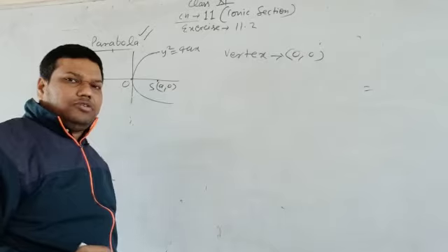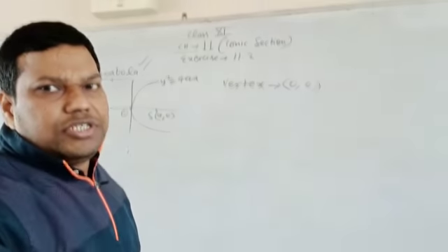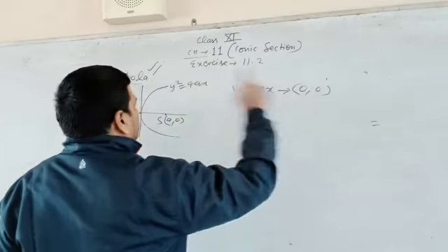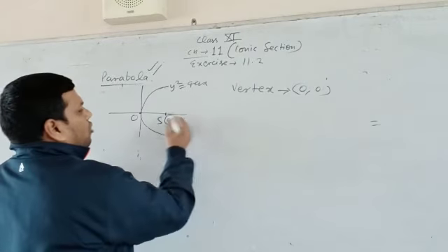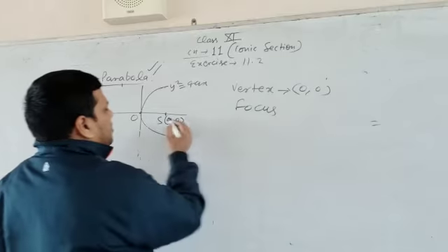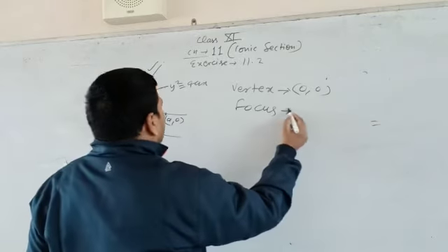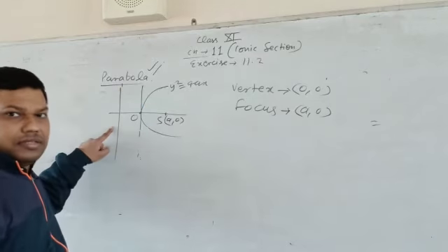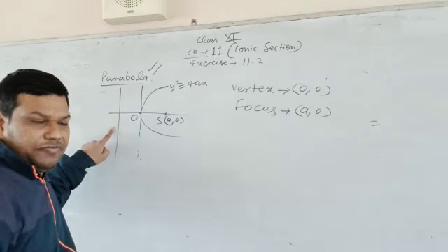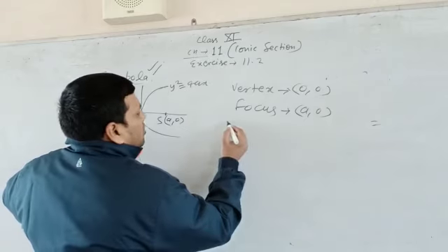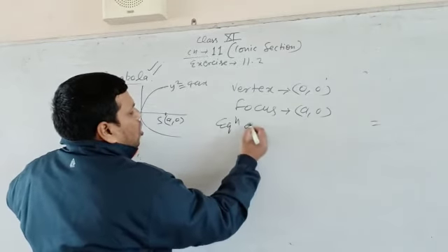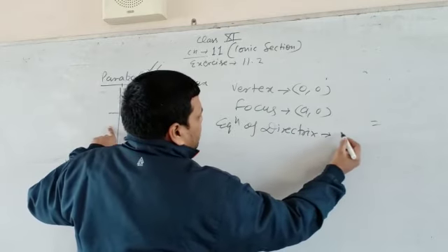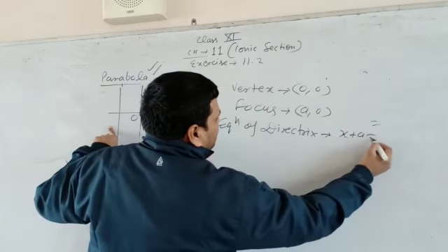Now I am going to tell you some formulas which are required in this topic. The vertex is 0, 0. The fixed point S is called the focus. That is a, 0. Now that line that was mentioned earlier in this video is called the directrix. So the equation of the directrix is given by x plus a is equal to 0.